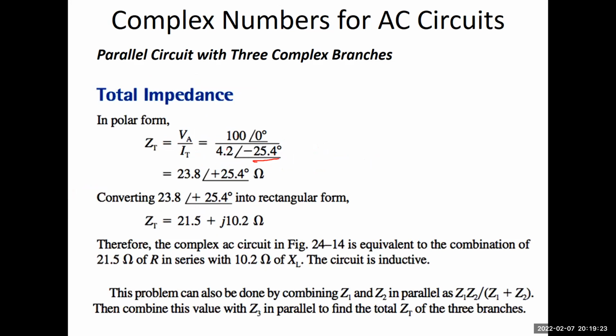So we divide 100 by 4.2, therefore we have a magnitude of 23.8, and subtracting 0 and negative 25.4, that will now be positive 25.4. So the total impedance in polar form would be equal to 23.8 magnitude with a phase angle of 25.4, and this will now be the converted total impedance in rectangular form.